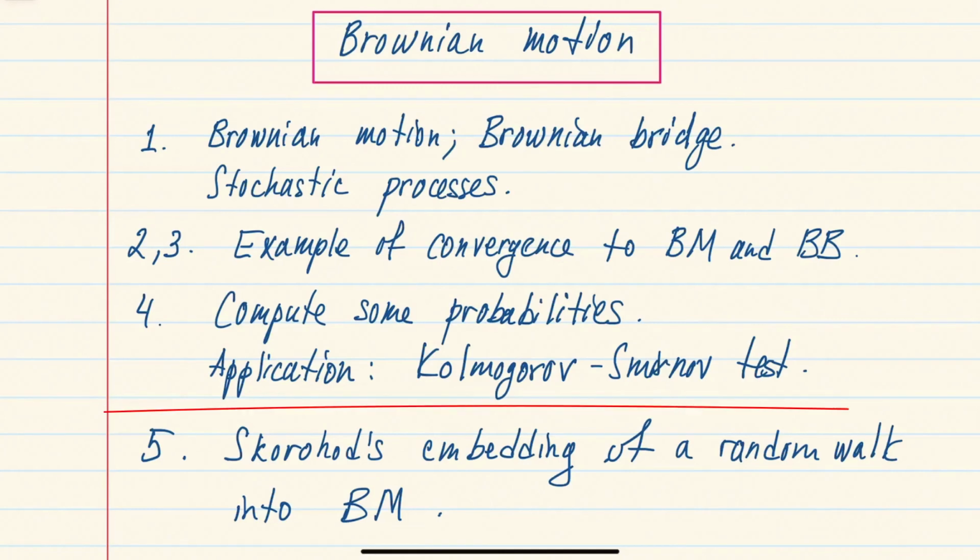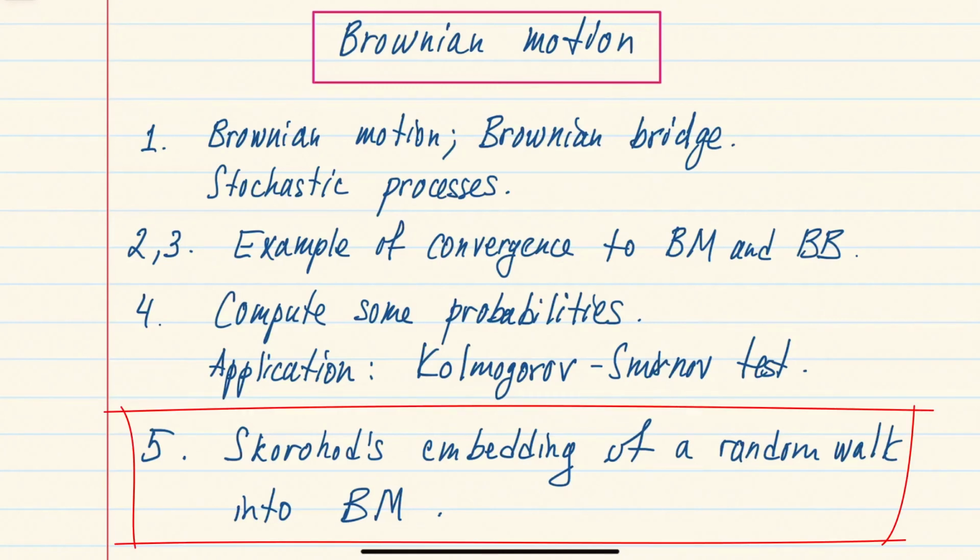And then in section 5 we'll discuss Skorohod's embedding of a random walk into a Brownian motion, and as one application we will prove the law of the iterated logarithm.